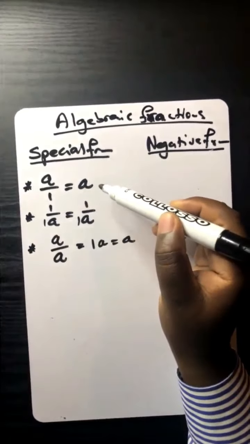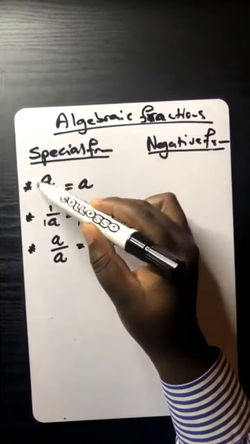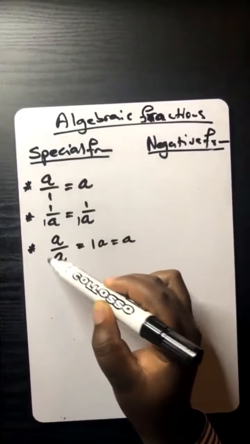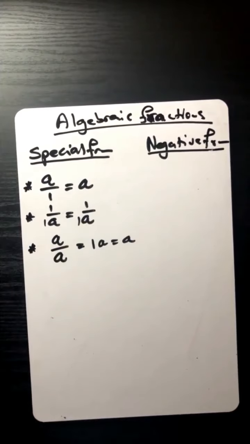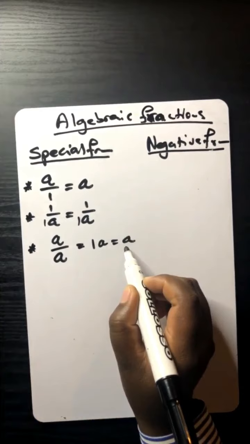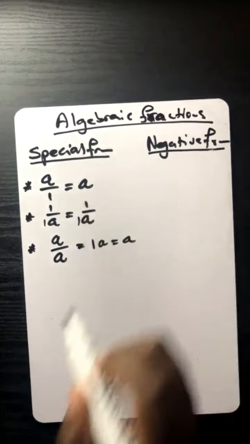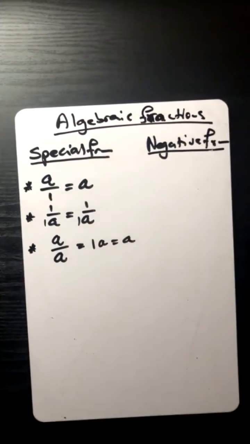If you can check, that expression is not the same as that expression over there, which means it won't be possible to get the same value. So I'm going to explain that one.